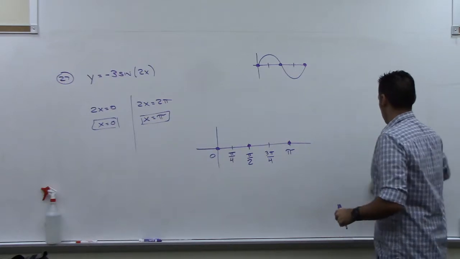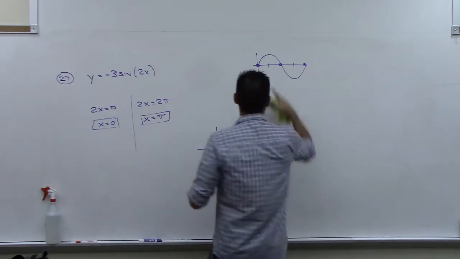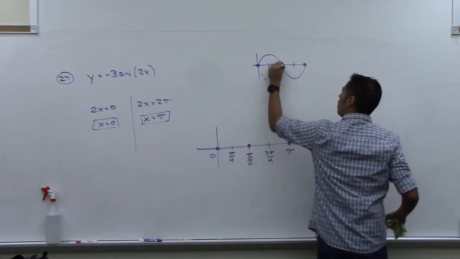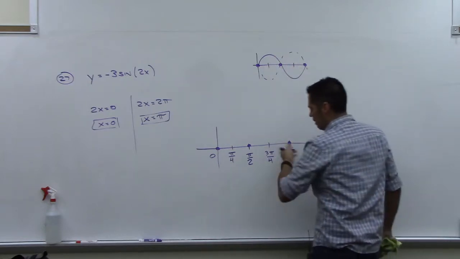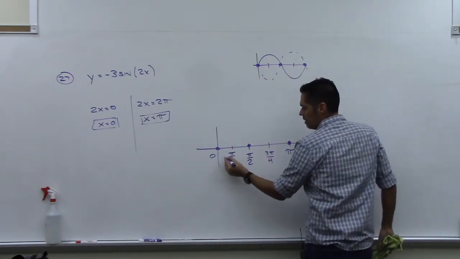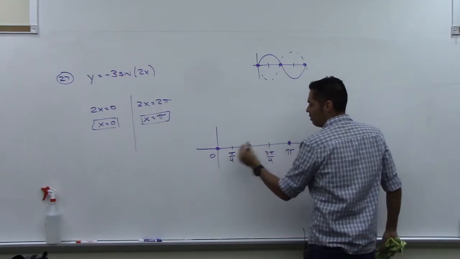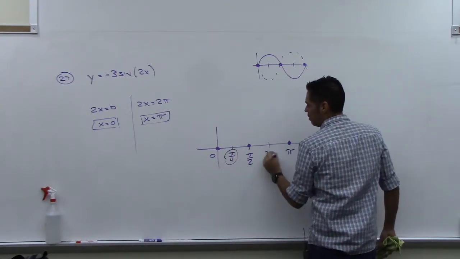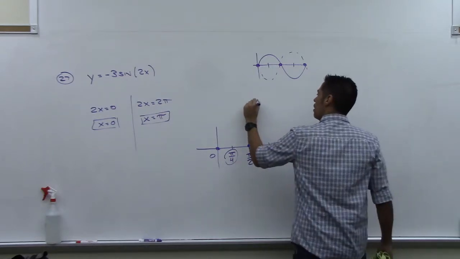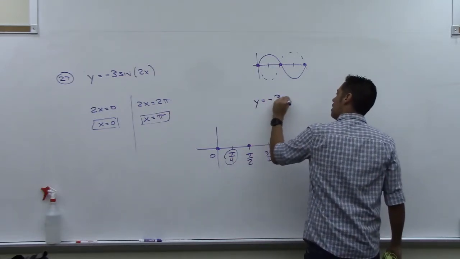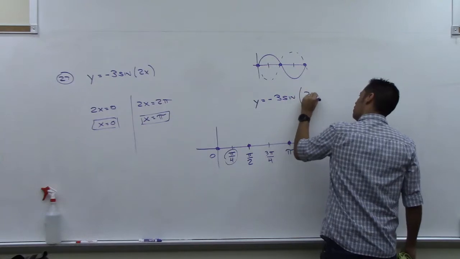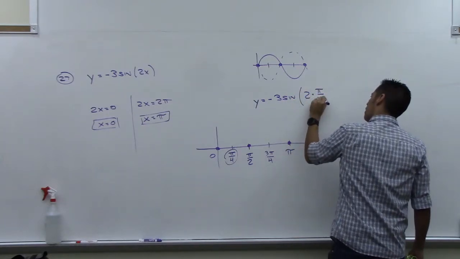All right. So now, how am I going to figure out if it looks like that or like this? Well, I pick a point to test, and I don't want to pick this point, this point, or this point, because I know those are 0. I'm really interested in either this one or this one. So I'm going to just take the pi over 4. So y equals negative 3 sine of 2 times pi over 4.